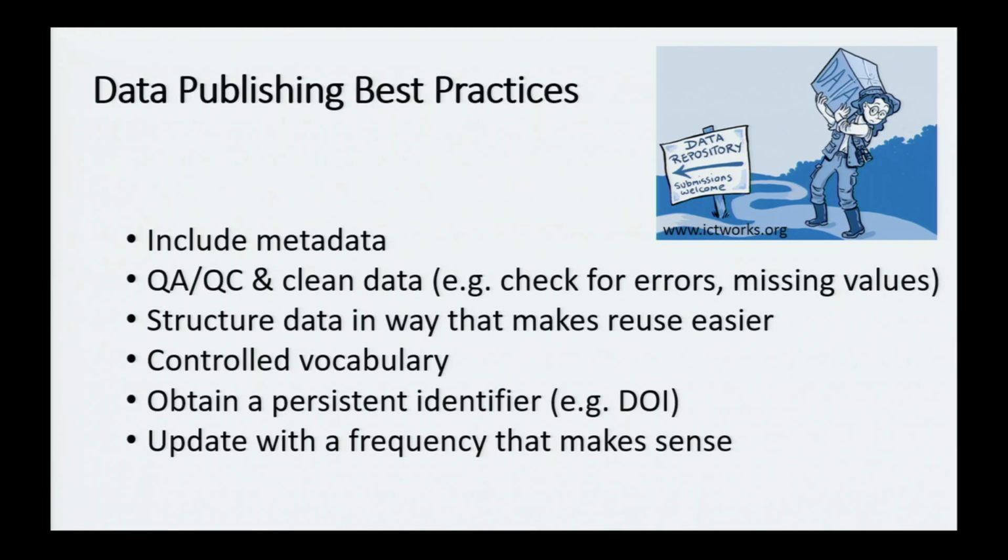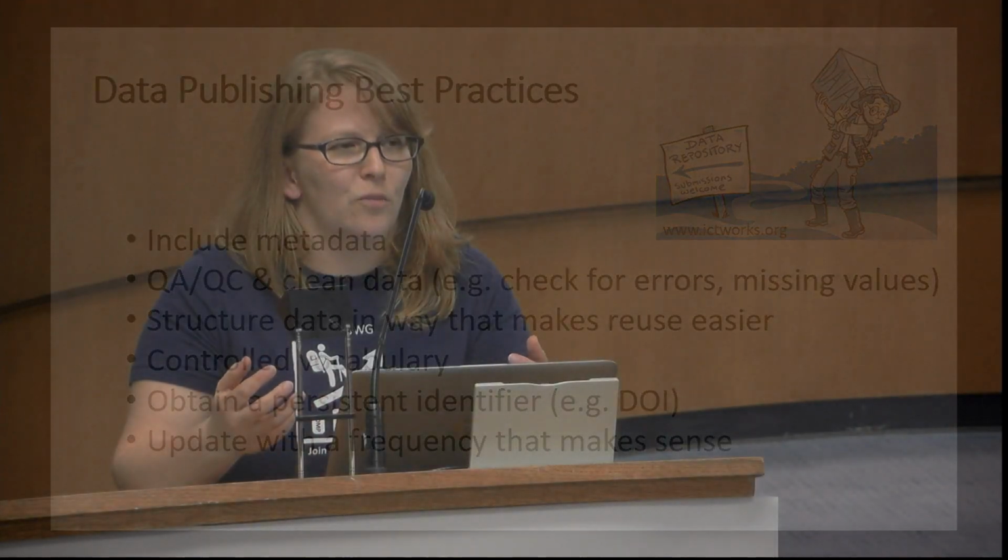Additionally, you want to structure your data in a way that makes reuse easier. So Jenna talked about this just a little bit in terms of the idea that you want to make sure that you include everything that your user might need, so you want to have an understanding of your users and what they're using your data for, and then make sure that you are putting all of that information in both your metadata as well as your data, and think about that.